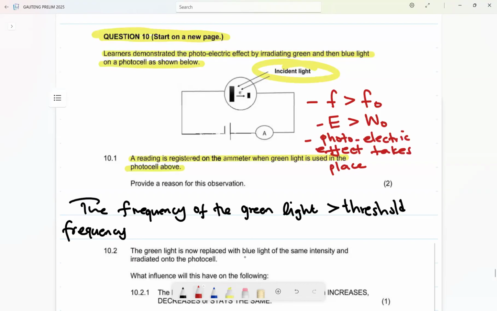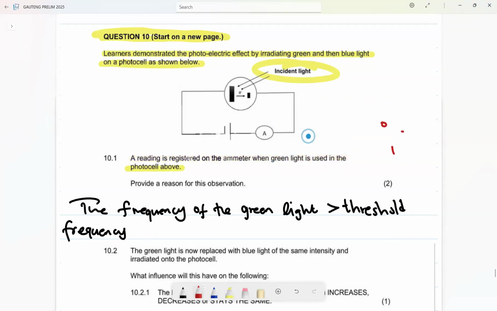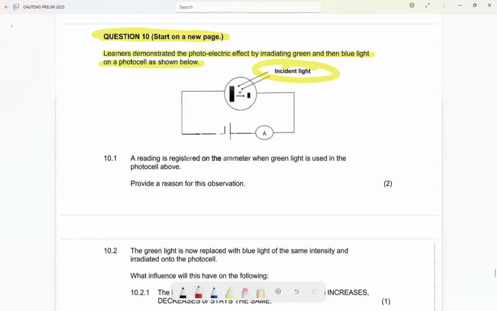These are the options that I can come up with. Or you can say light of suitable frequency is used, however you put it in English. But you should be along those lines.